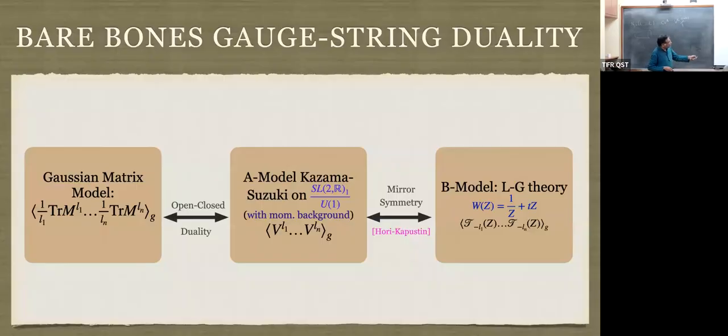And there's a B-model version of it, which is a little less geometric. It is given in terms of a so-called Landau-Ginzburg potential. People may be familiar with the fact that N=2 minimal models are given as the infrared of some Landau-Ginzburg theory with potential z to the k plus 2.